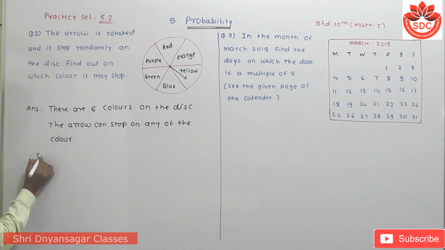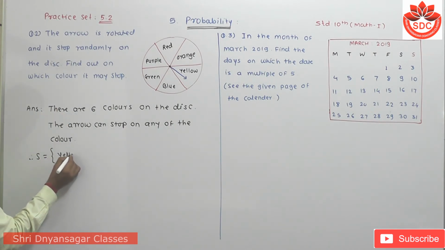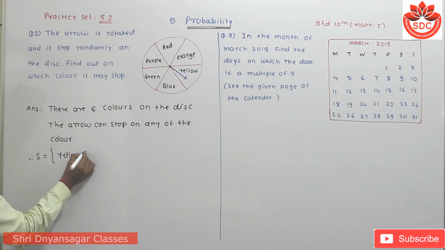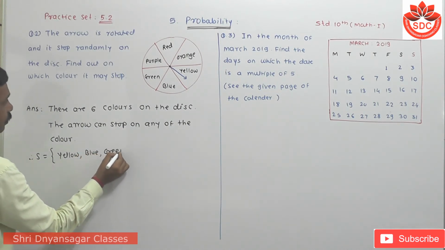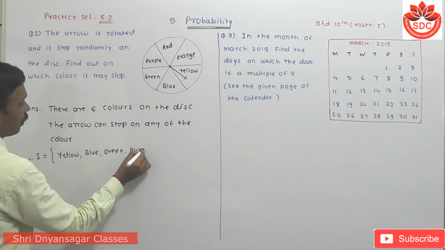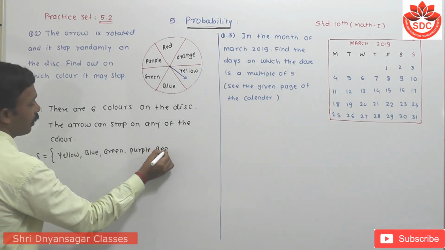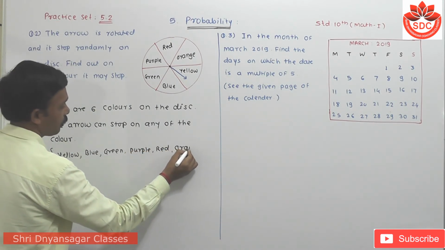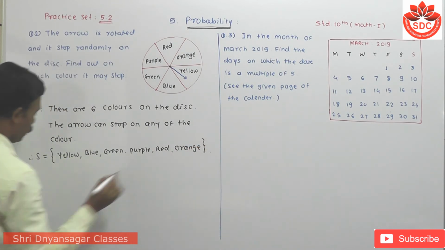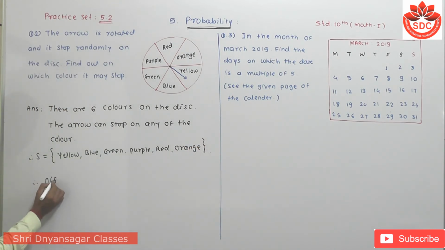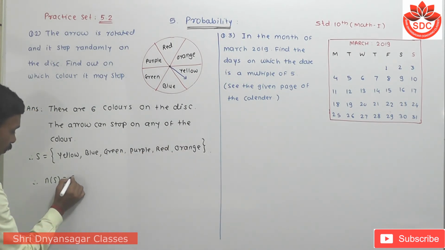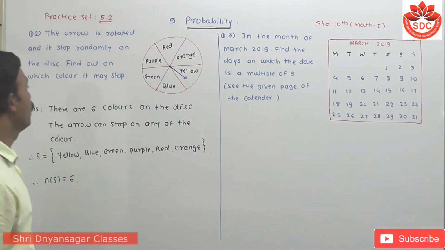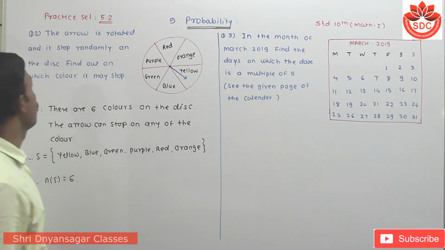Therefore, its sample space is: yellow, blue, green, purple, red and orange. So the number of sample points is 6. Can you understand this? We have to find the number of sample points here.